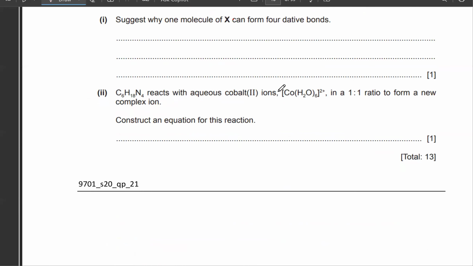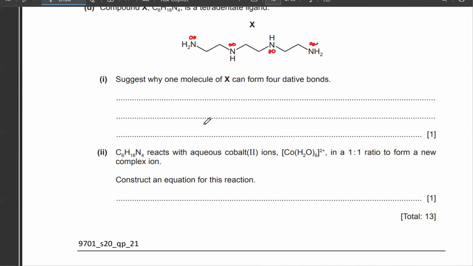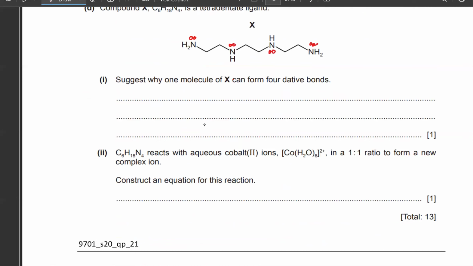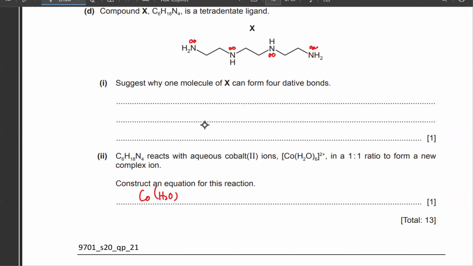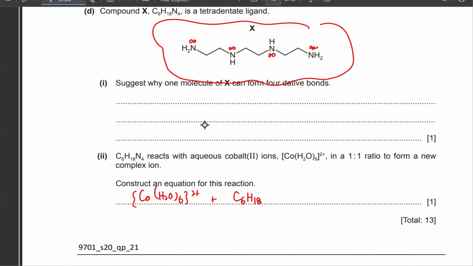Now he says this reacts with cobalt ions in a 1:1 ratio to form a new complex ion. Construct an equation for this. So they react in 1:1. So cobalt with six H2Os reacts with this entire thing, that is C6H18N4. Now remember, this forms four dative bonds, right? So it's going to replace four of the water molecules.